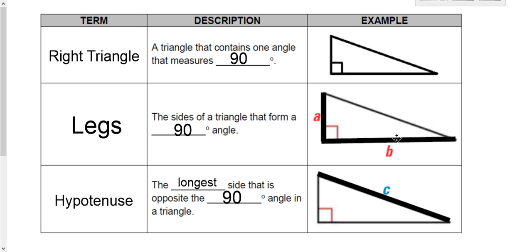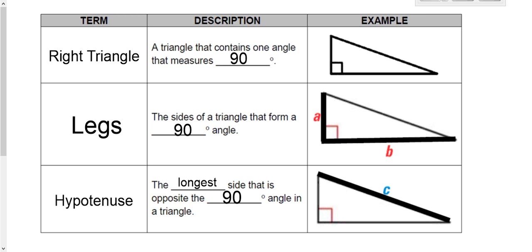I highlight those two sides that make this 90-degree corner here. Those are the legs, and then I know the other side is the hypotenuse. That's important, knowing which ones are the legs and which ones are the hypotenuse in this formula we're about to use.